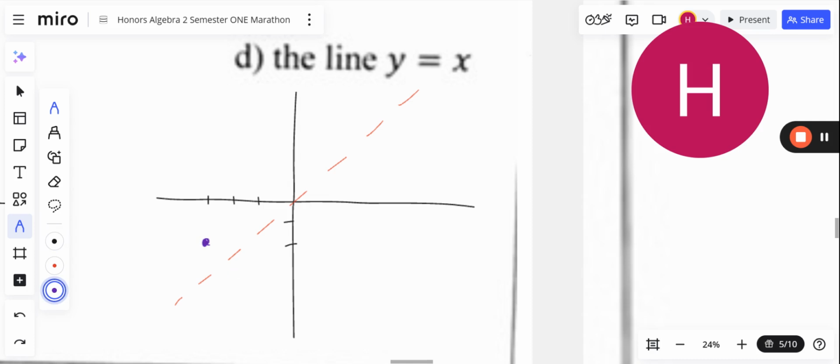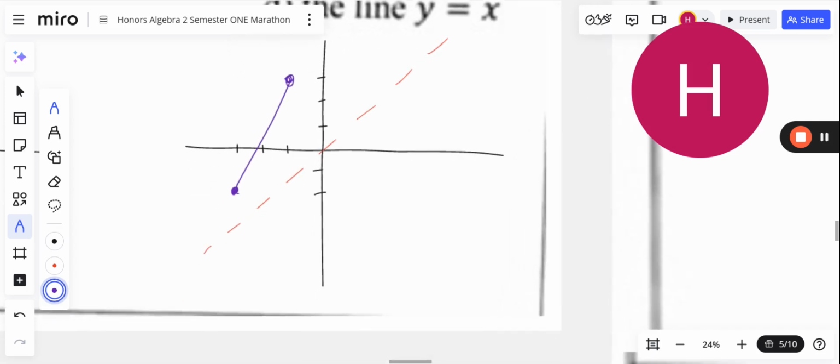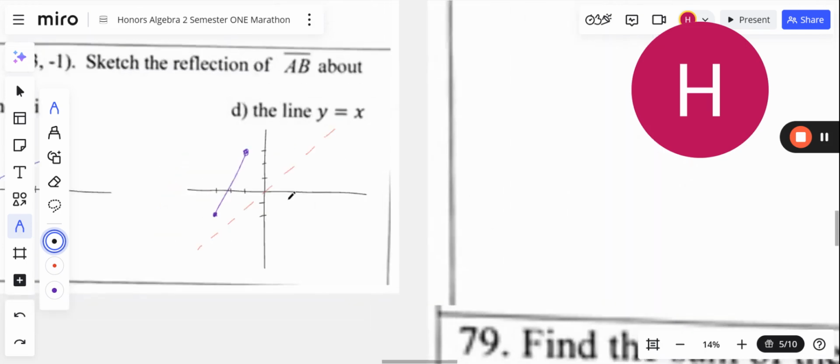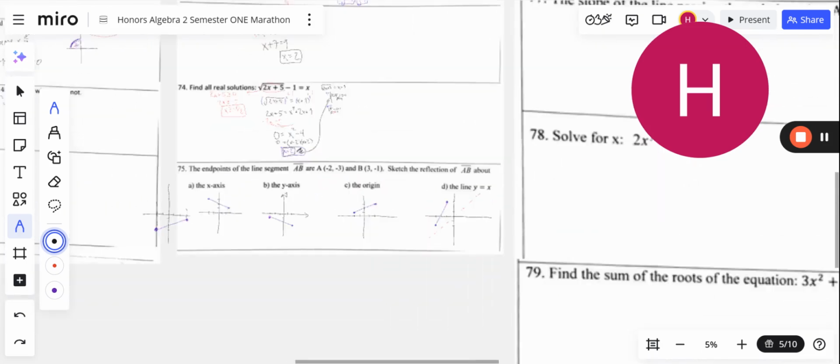And then 3, -1 is now -1, 3. Wow, that's interesting. So there we have it. The original line again was something like this, and you'll notice that those lines would intersect if we continued them. Okay, so that's our reflection of these line segment points. Really good.